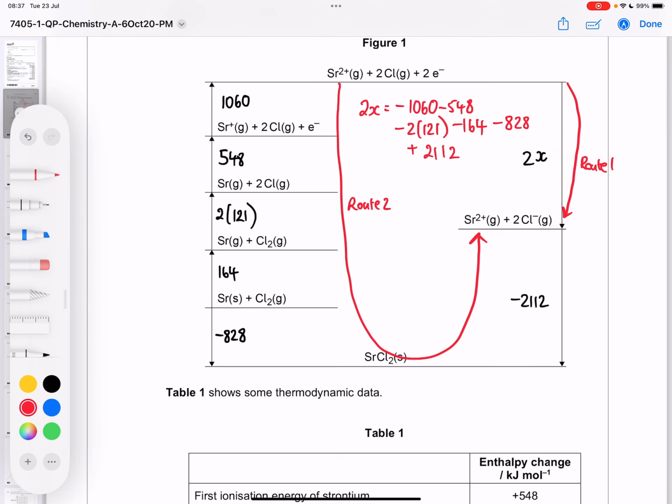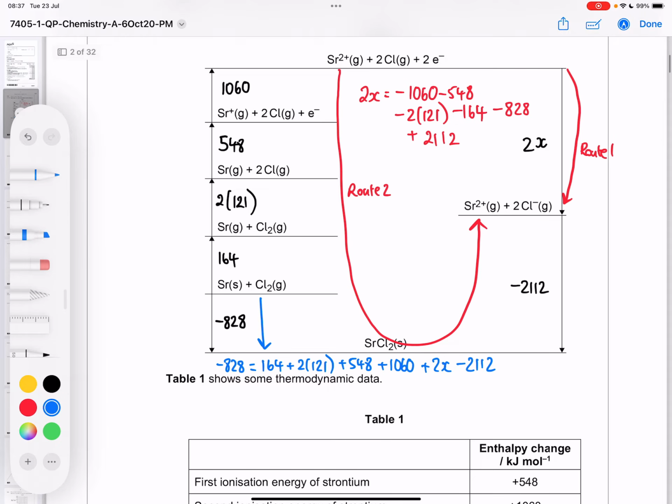Or you may have learnt the rule where this arrow here, minus 828, equals all the other arrows added together. Either of these, when you do the maths, will give the same answer. And you rearrange to find x.